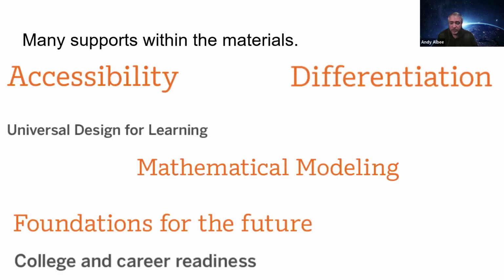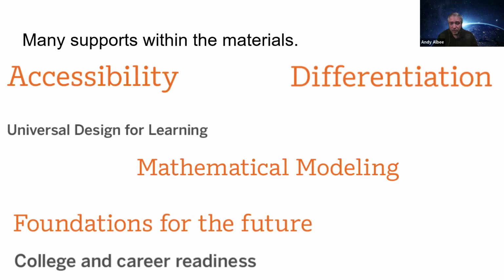Some of the things that they brought up in headlines and structures in the program guide is the idea of, how can I use this to make sure that it is accessible for all my students?